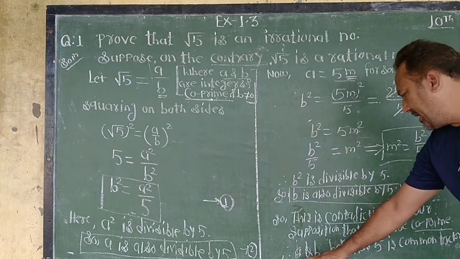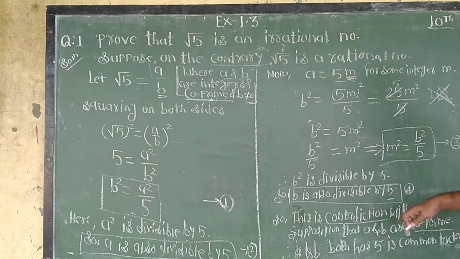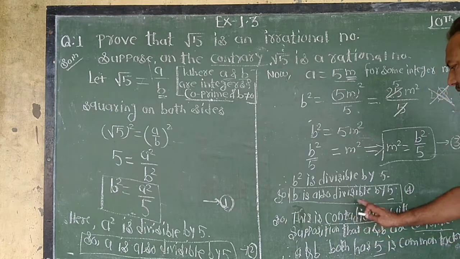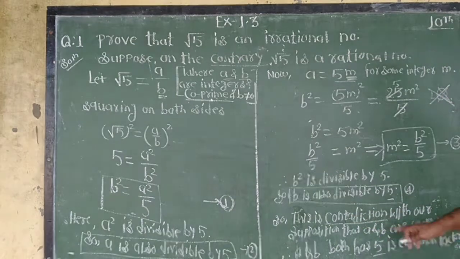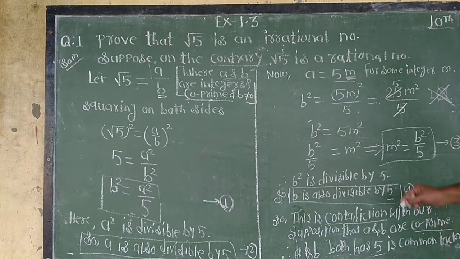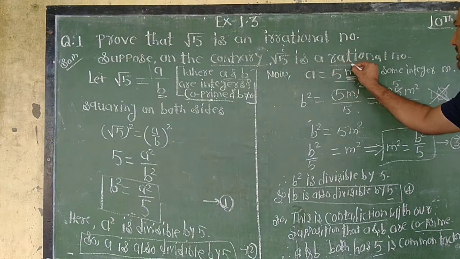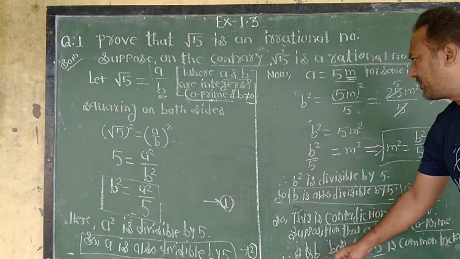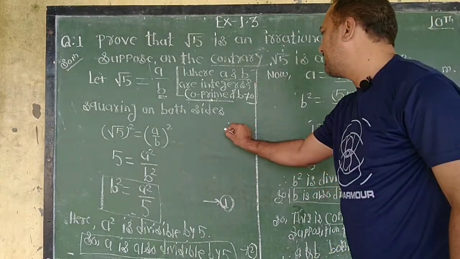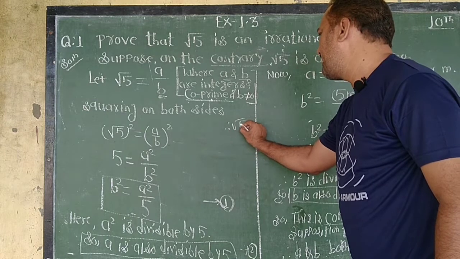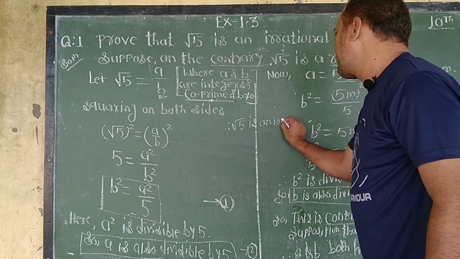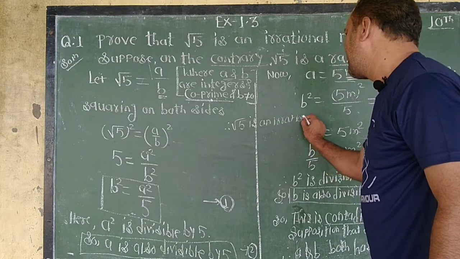But a and b both have another common factor, that is 5. It means this is a contradiction. If it is a contradiction, this is not a rational number. Then what can we write? Therefore, root 5 is an irrational number.